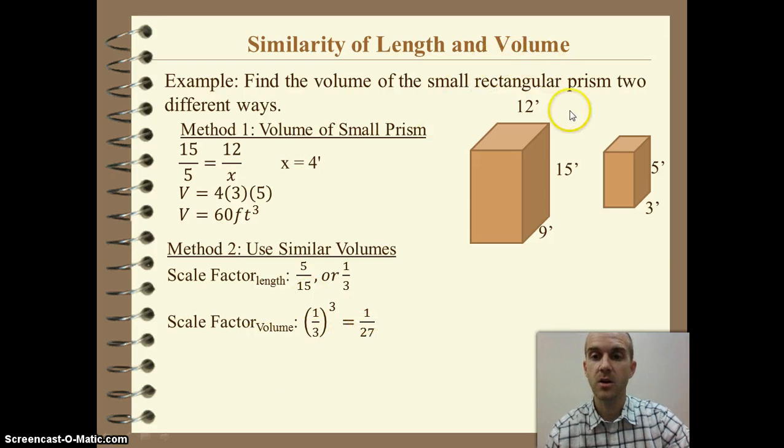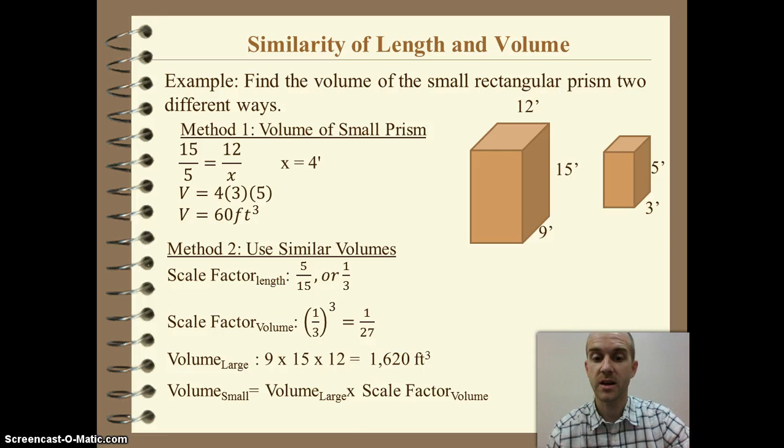So if I find the volume of my large prism and multiply it by the scale factor, I'll find the volume of my small prism. So the volume of the large prism, 12 by 15 by 9, is 1,620 cubic feet. Then if I multiply it by that scale factor, I would end up with 60 cubic feet. Again, two different methods, I still get the same volume.